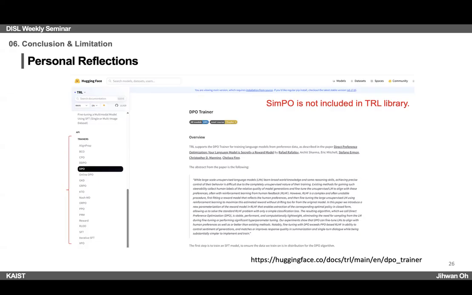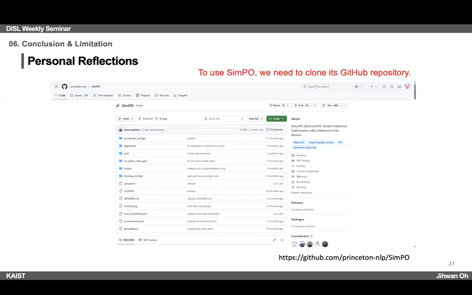Additionally, each method is accompanied by a detailed explanation and example code for easy implementation. However, SimPO is not currently included in this library. So we need to check its official GitHub repository. And as you can see, all the code and detailed descriptions are provided as well.